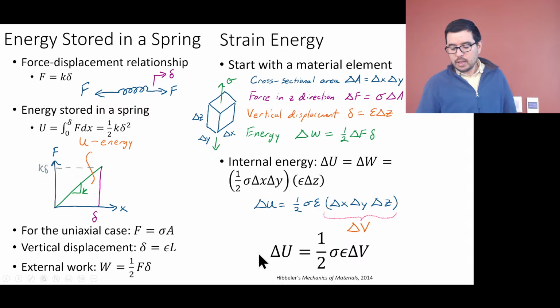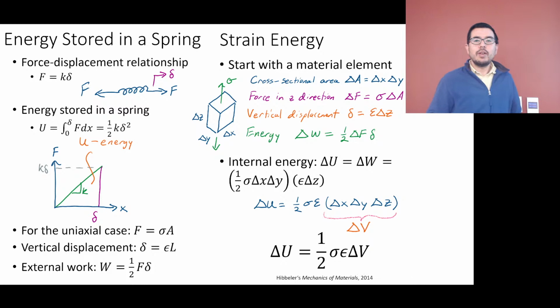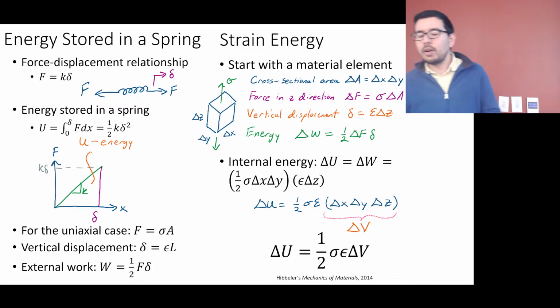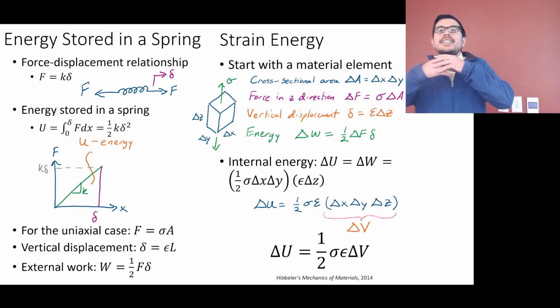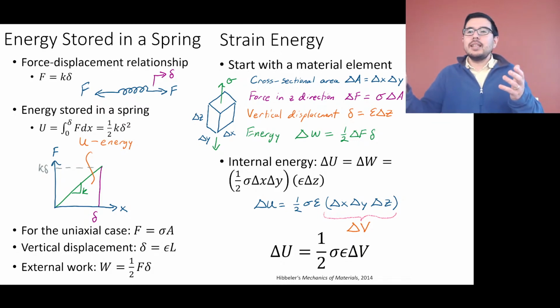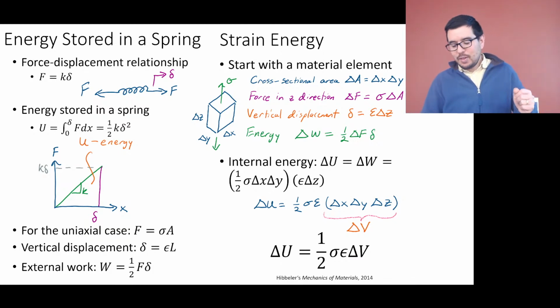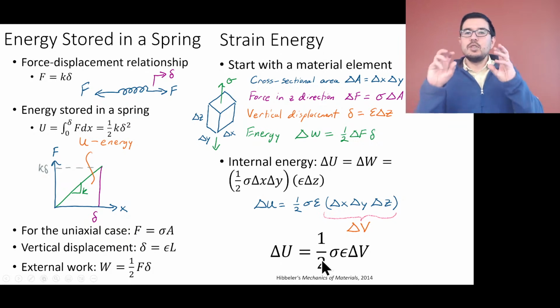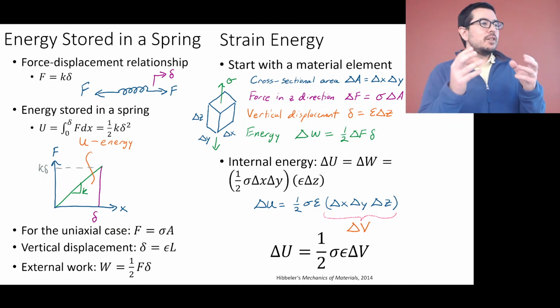So now we have an internal energy, still in joules, equal to 1/2 sigma epsilon delta V. Now, if I want an internal energy that does not depend on volume, like a specific strain energy, I can just divide by delta V. If I take this energy and divide by that, I have this new 1/2 sigma epsilon term.